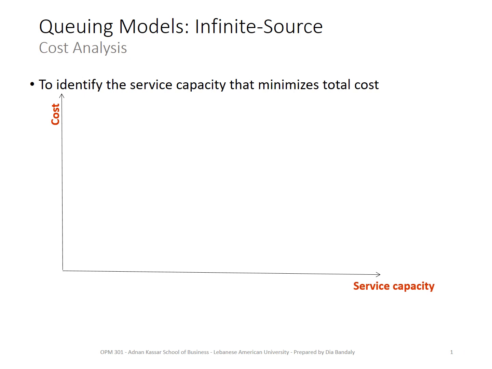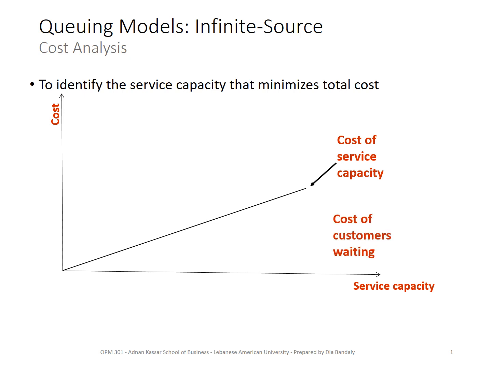Remember from the previous formula of total cost, it consists of two components, right? The first component is the service capacity cost, which was CS times M. If I'm showing the service capacity on the horizontal line, the cost will be linear, because CS is constant, so it's of the form Y equal AX.